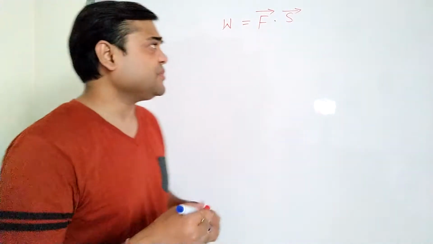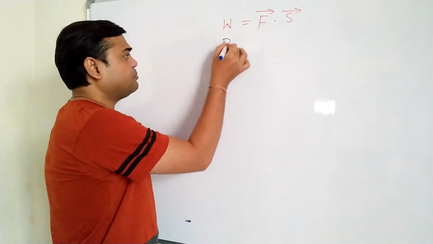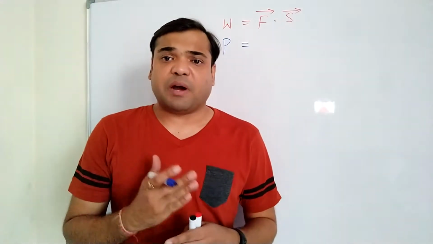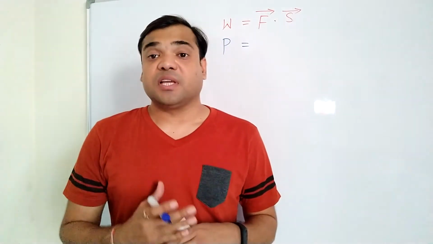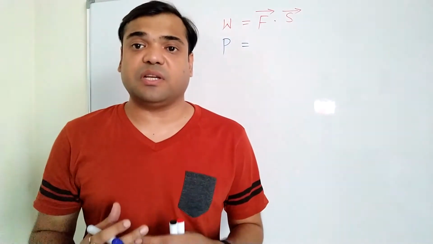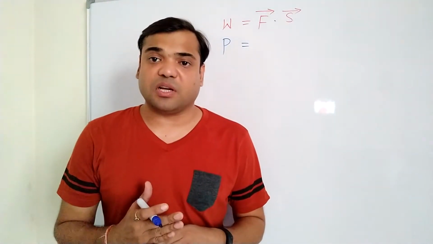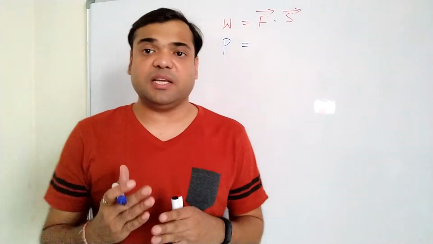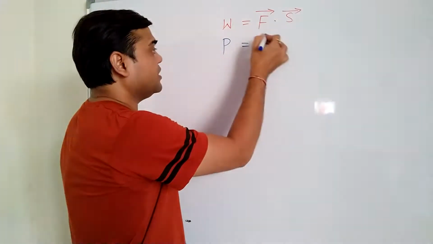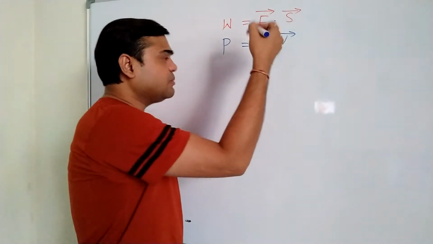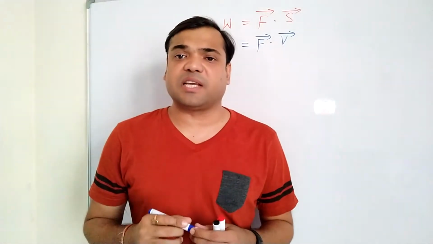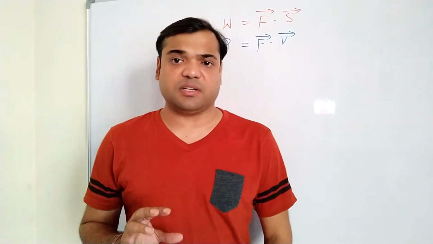Again, you must have also heard about power. Power is the rate of work done. So power is also a scalar quantity, but how do we obtain the value of power? That is by using the dot product of force and velocity. Both force and velocity again are vector quantities. Similarly there are various other quantities which we can obtain with the help of a scalar product between two vector quantities.